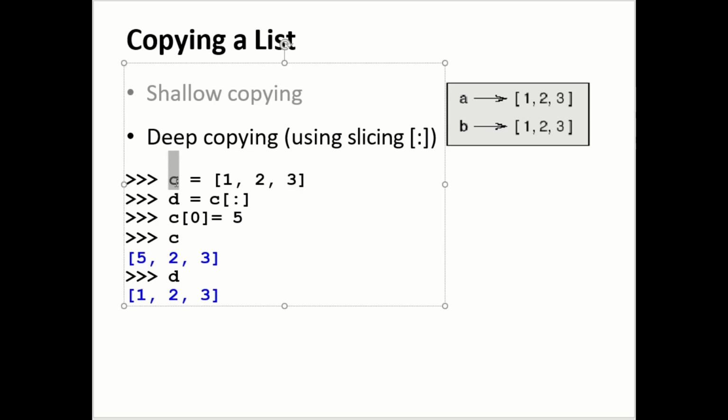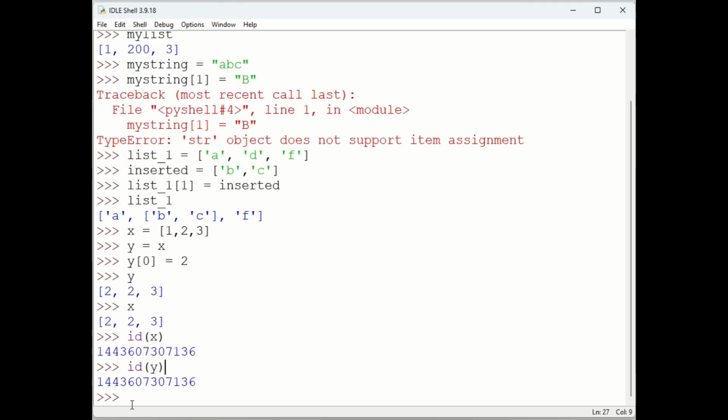So in this example, we've got C equals 1, 2, 3. D doesn't equal just C, but we're slicing all of C, making a deep copy. So C 0 equals 5, so that's what we'd expect for C. But for D, it is not modified. So let's see this. C equals 1, 2, 3.